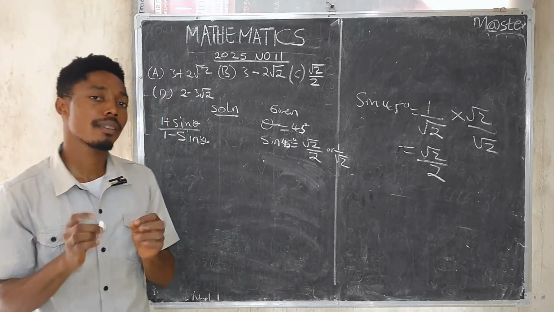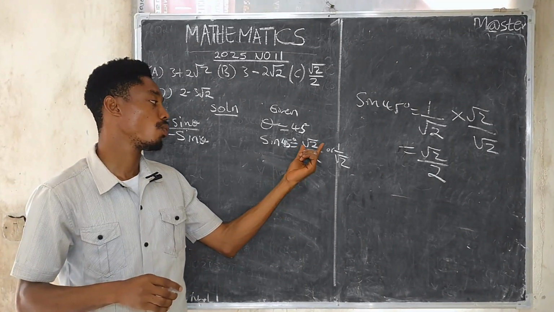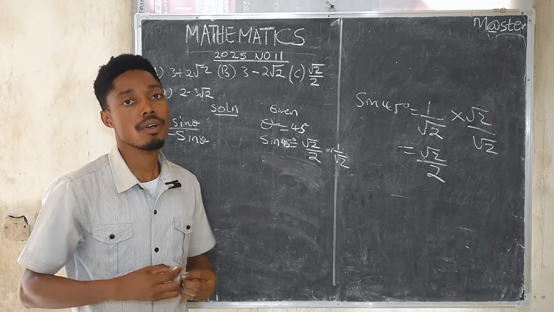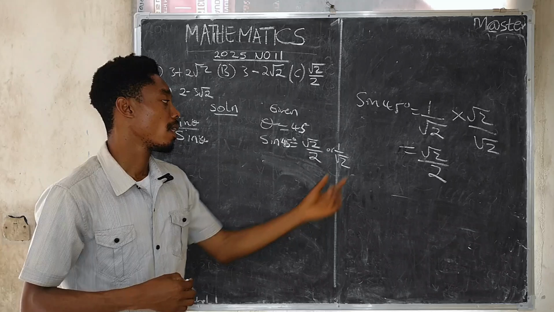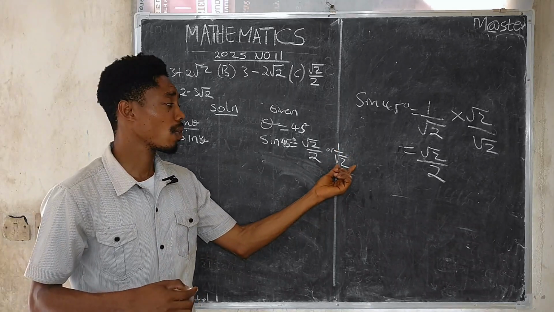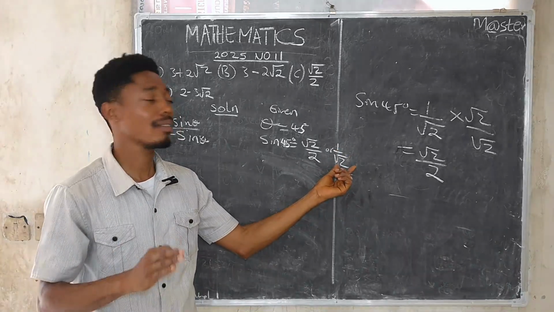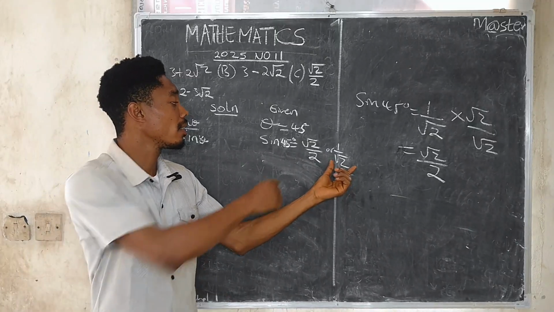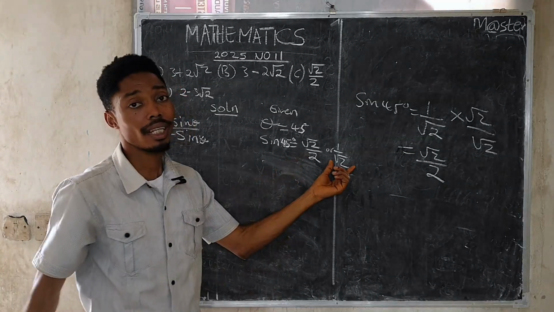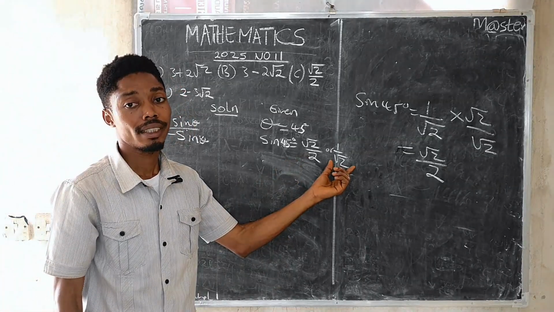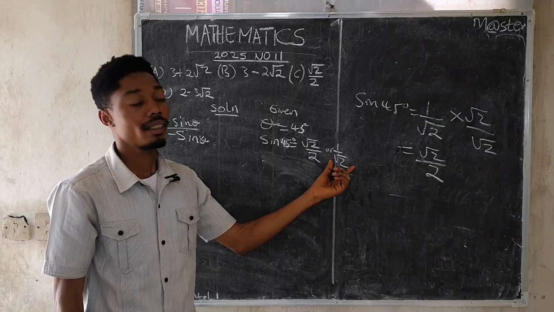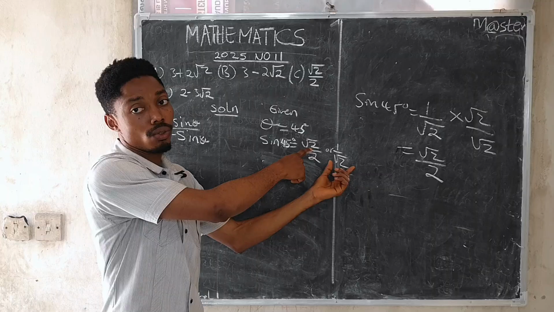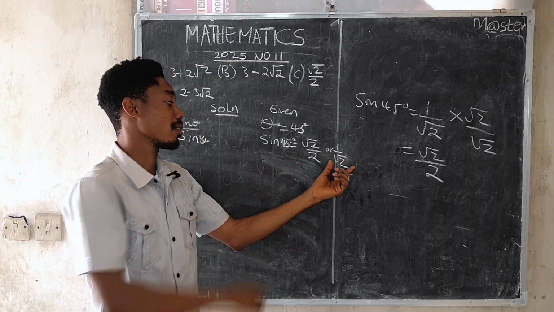It is more preferred to use root 2 over 2 because it is the rationalized form of 1 over root 2. 1 over root 2 is not rationalized because I have the square root sign in the denominator, and root 2 over 2 is rationalized because the square root sign is not in the denominator. So this is a better form to represent that.